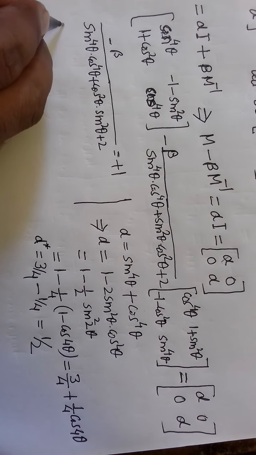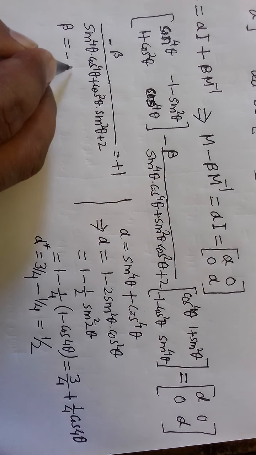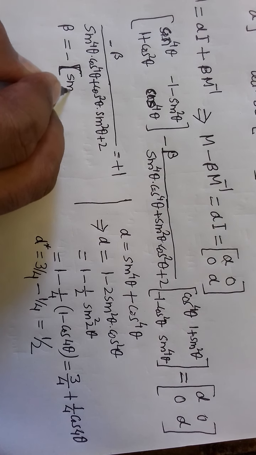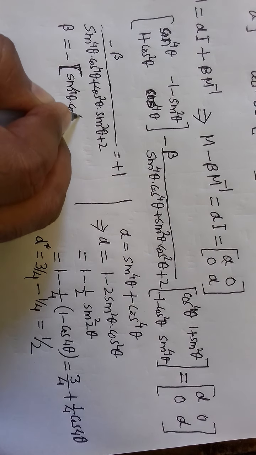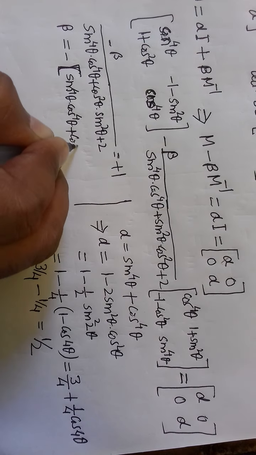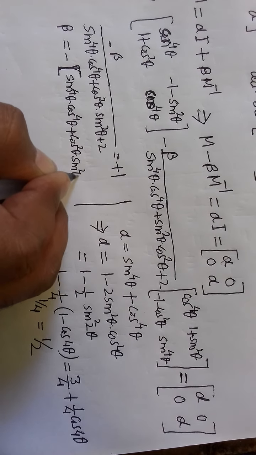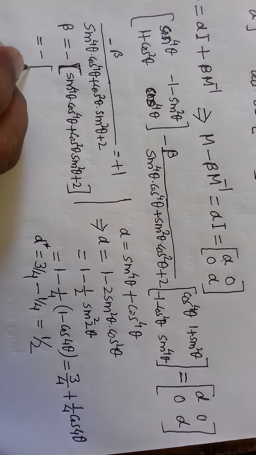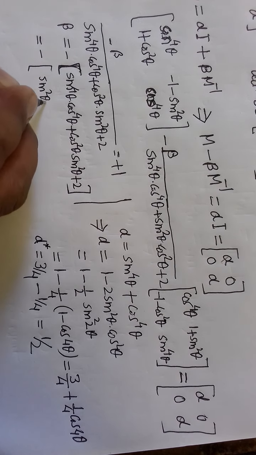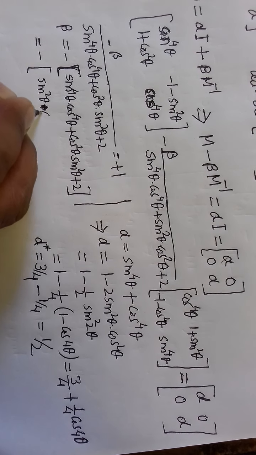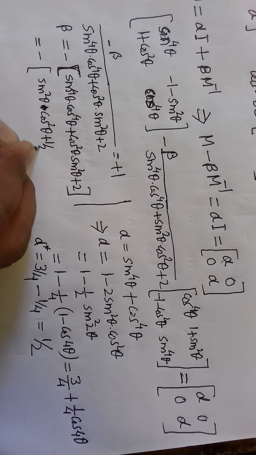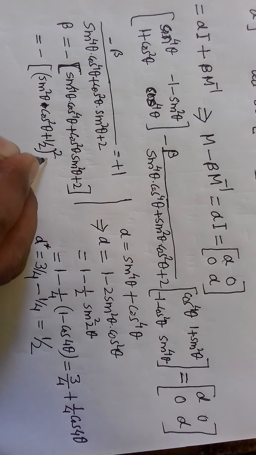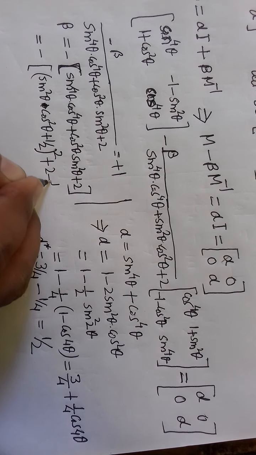Now beta will be minus the quantity sine to the power 4 theta cos to the power 4 theta plus cos square theta sine square theta plus 2. This also can be changed: sine square theta into cos square theta plus half whole square, plus 2 minus 1 by 4.